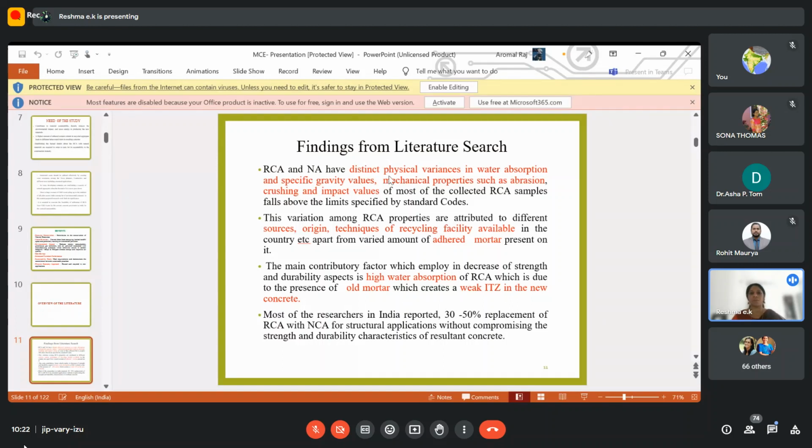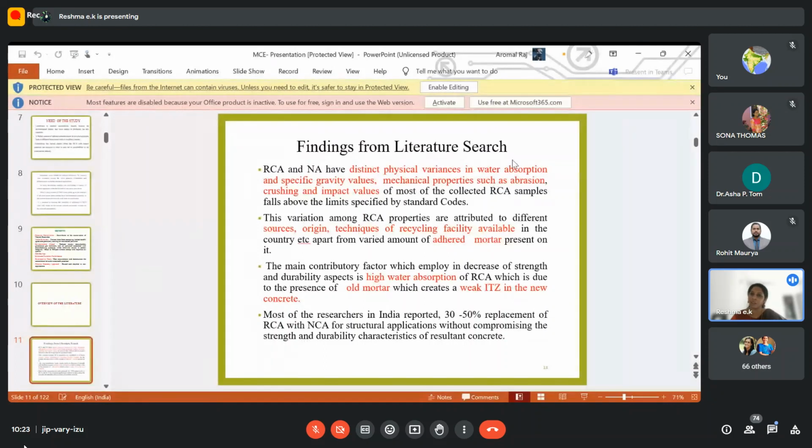So what I found from my literature search is there are distinct physical variations with respect to aggregate properties. That is mechanical properties, say abrasion, crushing, and impact values. Those three are still fine, but the main problem with recycled concrete aggregates is water absorption.